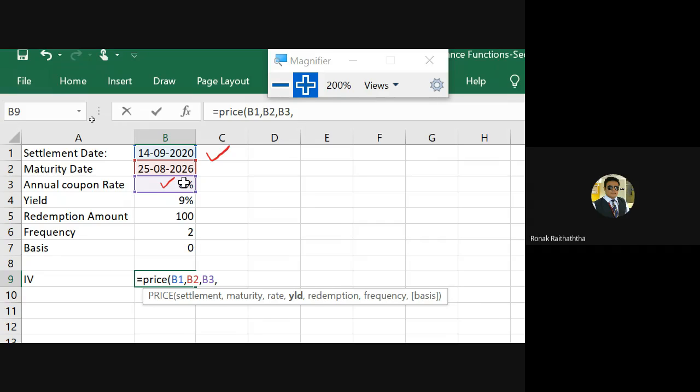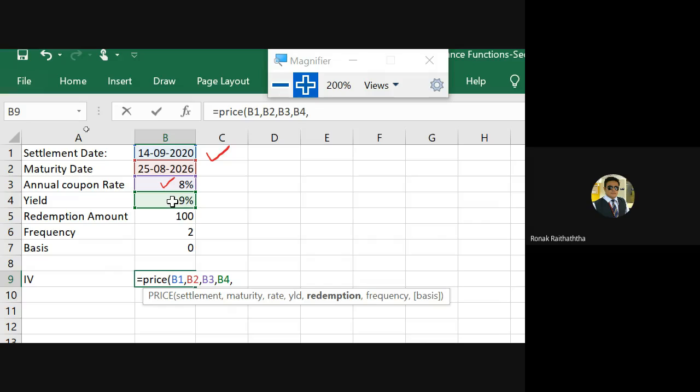You do not have just 8% expectations of the coupon rate. You have over and above that the difference between the maturity price and the issue price. That also you have a bit of an expectation. So that's why your yield in this case is higher than your coupon rate. Say it is 9%. I am selecting that 9%, comma.